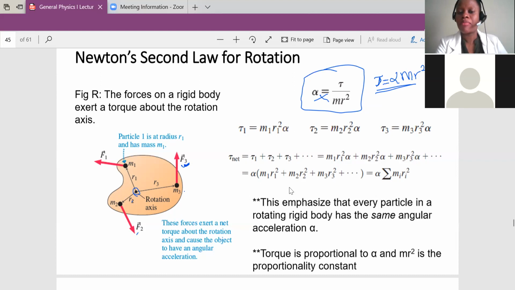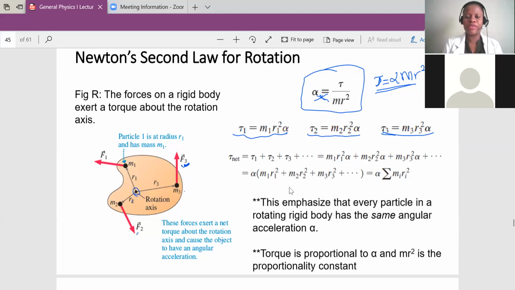So tau for M1 will be M1 R1 squared and the angular acceleration. This is coming from Newton's second law. Always remember that. Force gives you mass and acceleration. All right, so for M2, we have the same, and for M3, we have M3 R3 squared and angular acceleration.